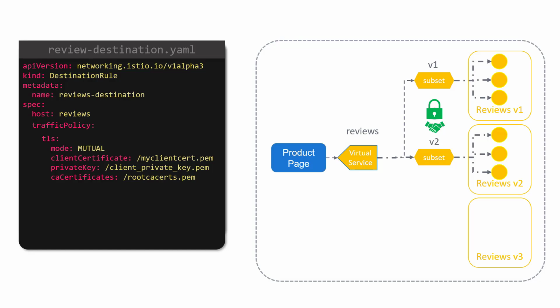One important thing to note is the host field here. It is currently set to reviews, which is the name of the service. It is the short name of the service. When using short names instead of fully qualified domain names, Istio will interpret the short name based on the rule's namespace and not the service's actual namespace.